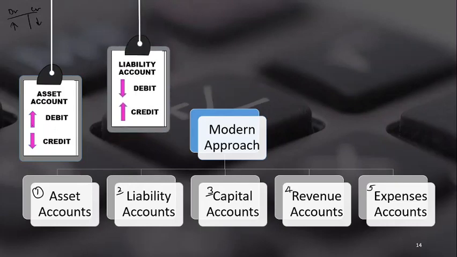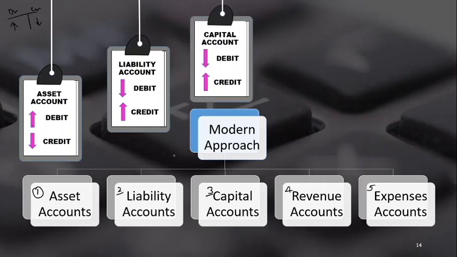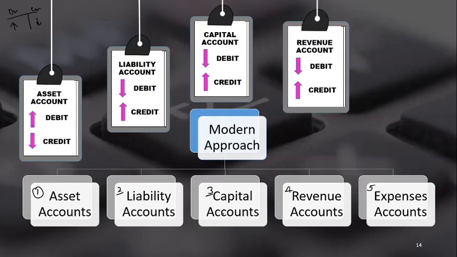And for the liability it's reverse, because nature-wise also asset and liability are reverse in nature. So debit is decrease and credit is increase. So this is the rule of liability account, that increase is recorded on the credit side and decrease is recorded on the debit side. Now capital has the same nature as liability, so again the same rule.